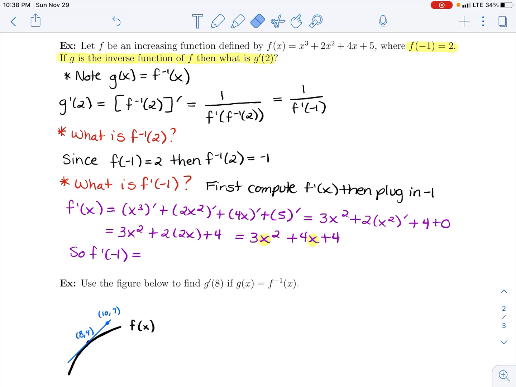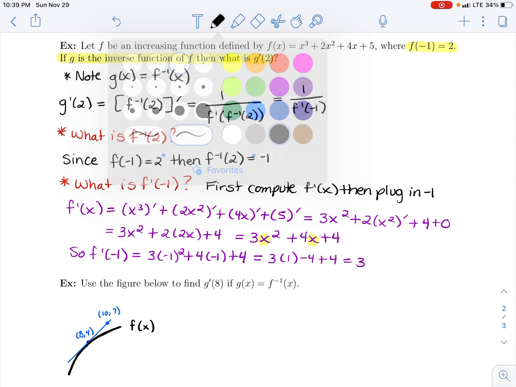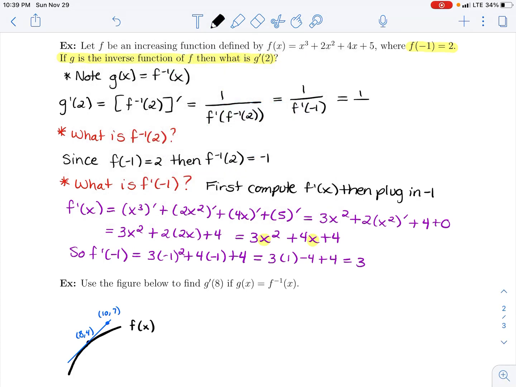Sorry about that, I kind of got highlighter happy here. Okay, and so this is going to be 3 times -1 squared plus 4 times -1 plus 4. And so this gives me 3 times 1, oops, minus 4, plus 4. So this gives me 3. So when I go back up here, I would say that the answer is 1/3.